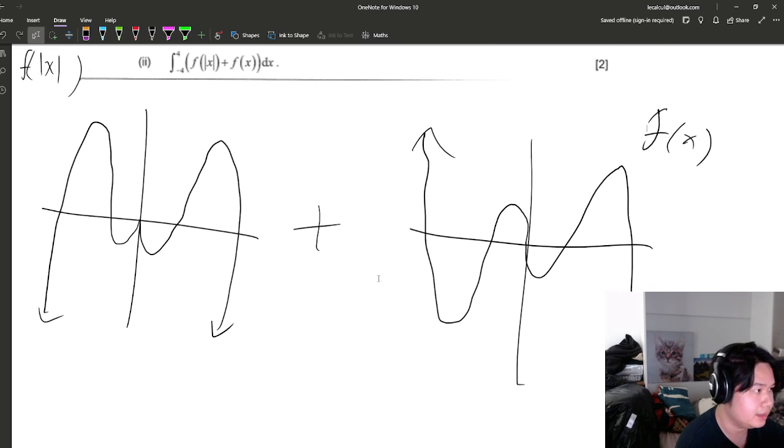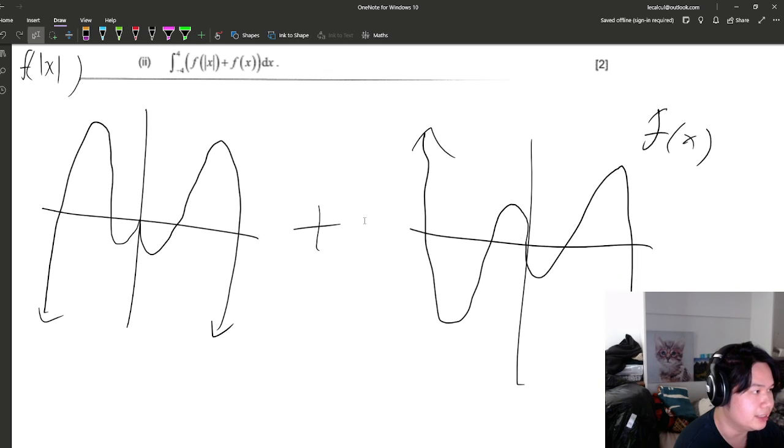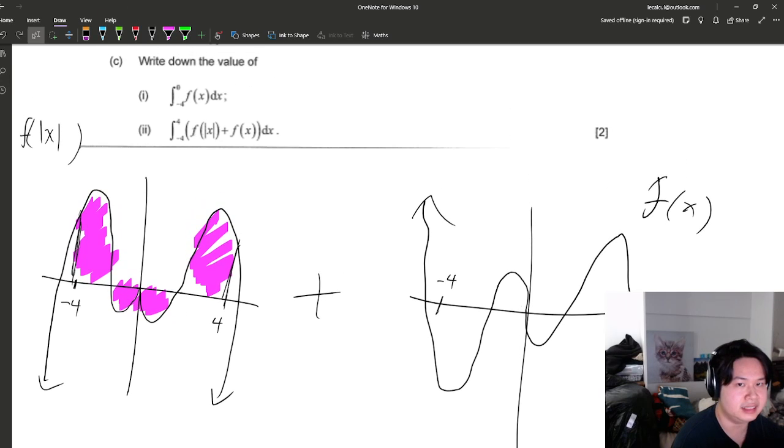Okay. It's been ages since I used this tablet, by the way, so that's why my writing's kind of ugly. Okay, so we're going to add the areas together. For visualization's sake, we're adding this area. So this is the first integral, this one, from -4 to 4.